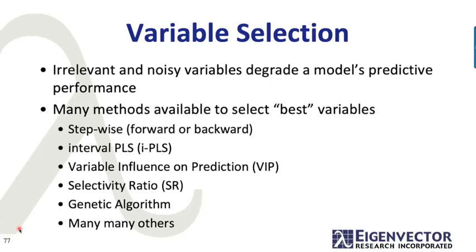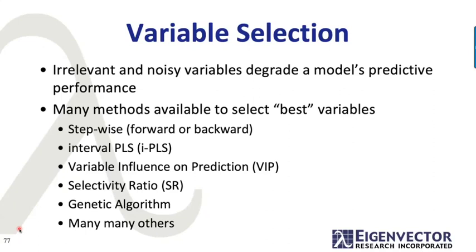The problem is that if you have over a few hundred variables, the number of possible selections is a very, very large number. If you could evaluate one selection per second, it would take you the age of the universe to complete all possible combinations. So you're not going to do that. You're never going to actually find the best, but you can find a better set than what you've started with.